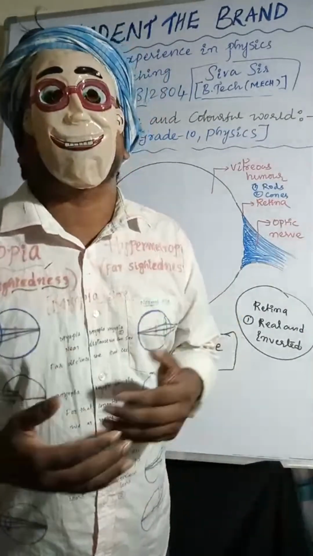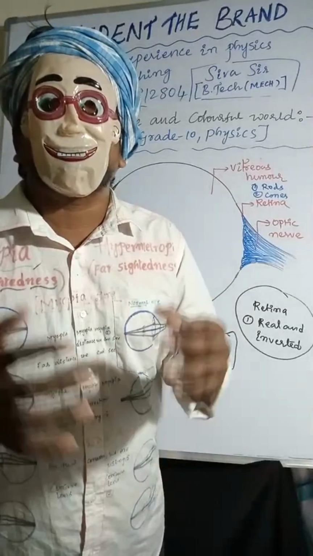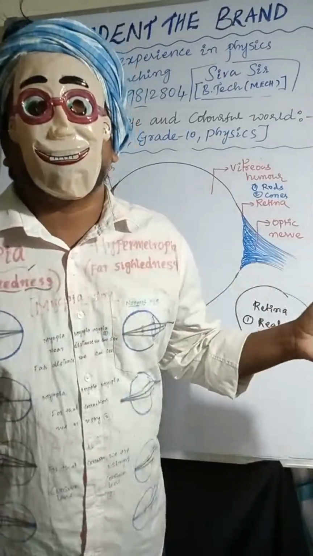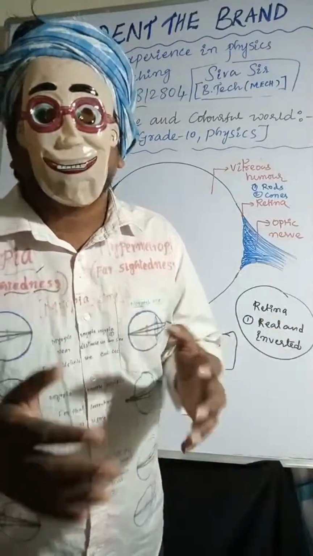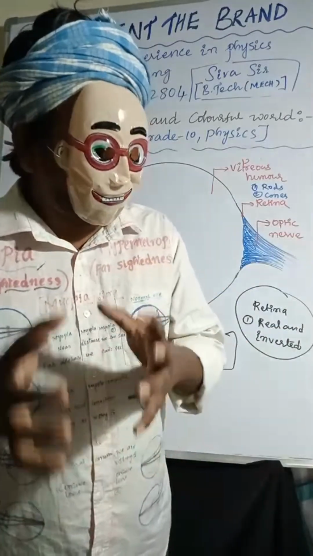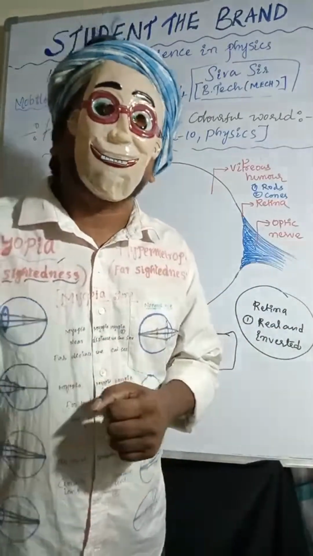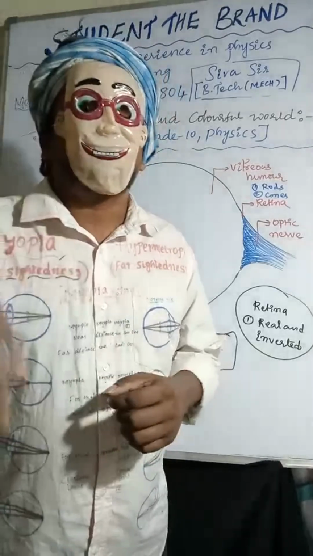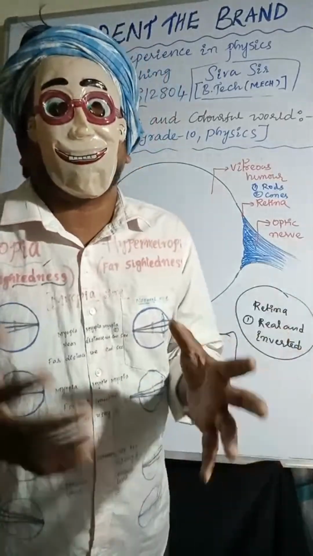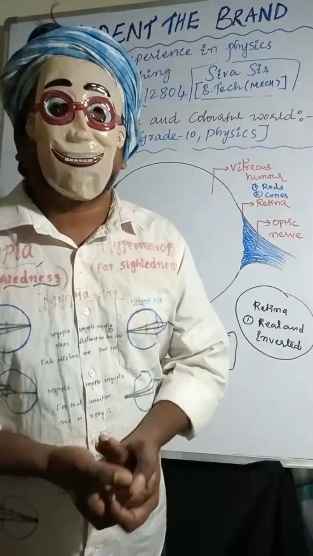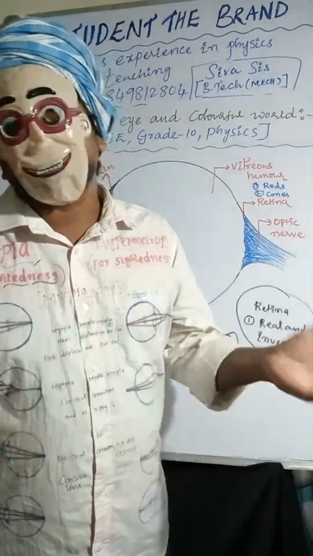The minimum distance up to which a person can see clearly without any strain or pain is called the near point. Near point is 25 centimeter for a normal healthy person. Far point is the maximum distance up to which a person can see clearly without any strain or pain.